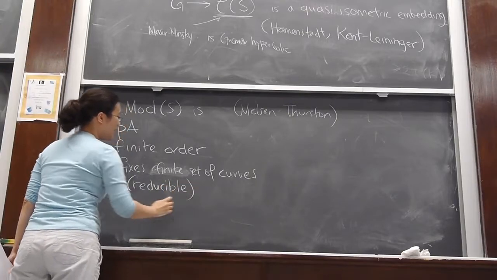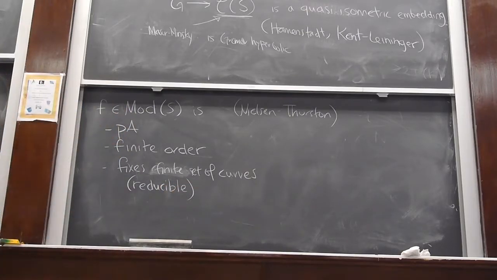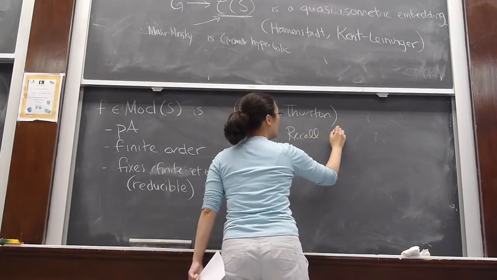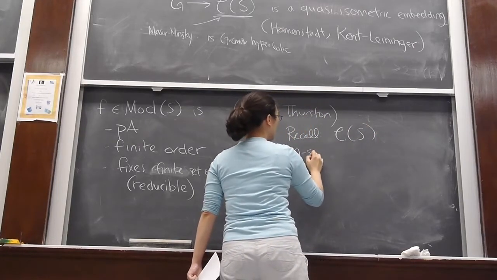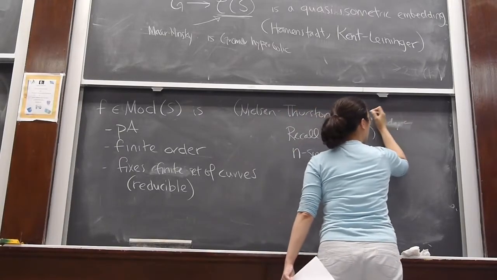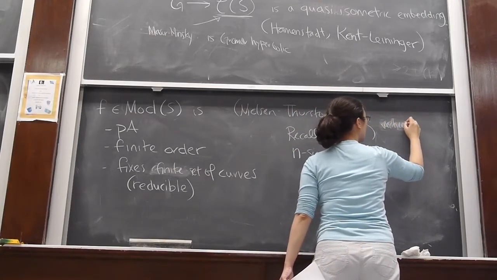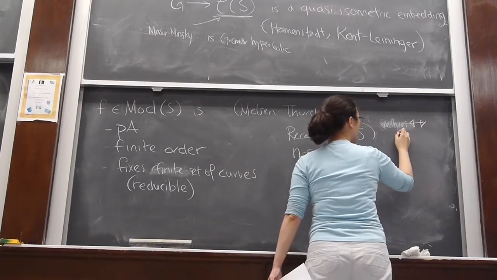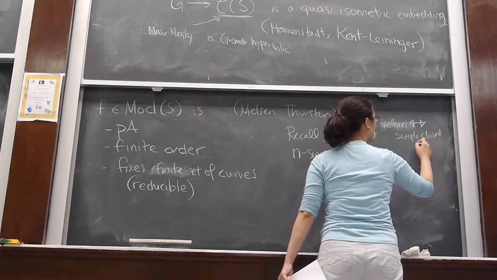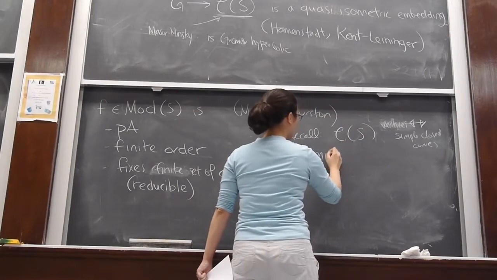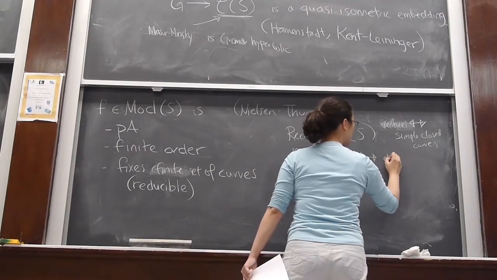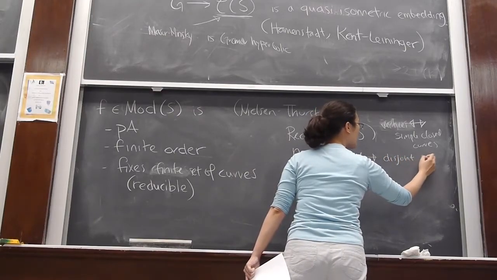And these are so-called reducibles. I'm just calling that to your attention because, if you recall, in the curve complex, vertices correspond to loops in the surface, or simple curves, and simplices correspond to disjoint simple curves.